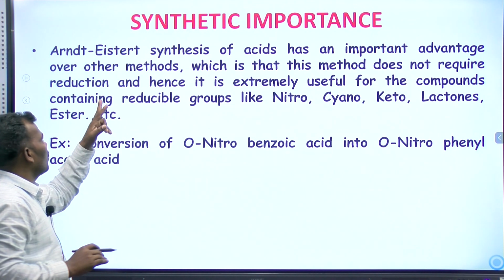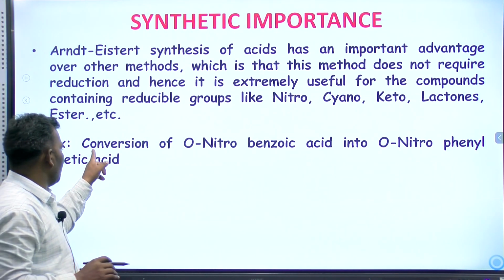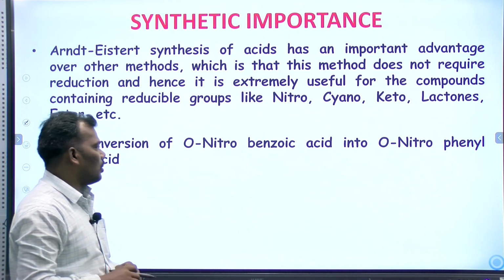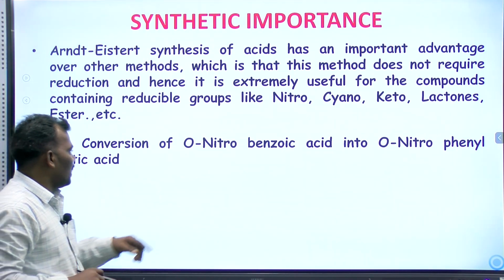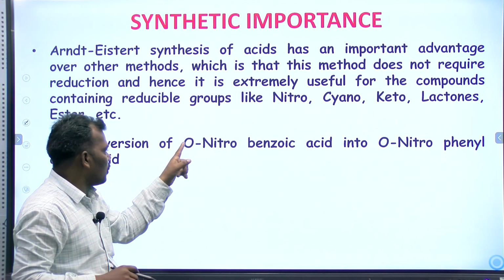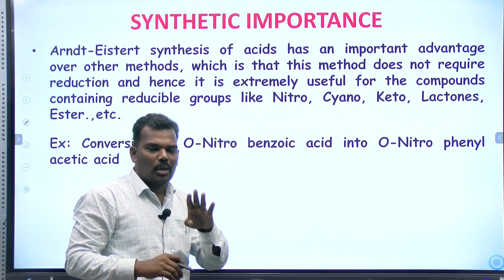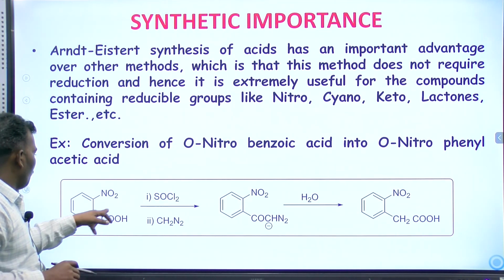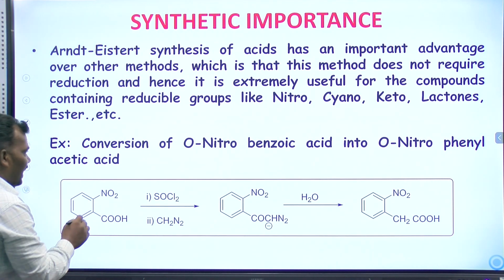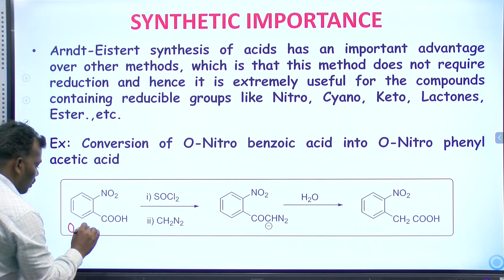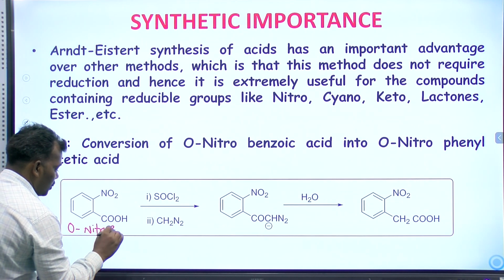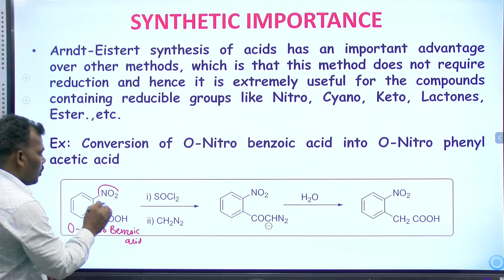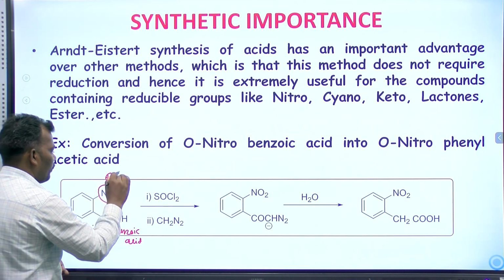An example of this synthetic application is the conversion of ortho-nitrobenzoic acid into ortho-nitrophenylacetic acid. The nitro group in this ortho-nitrobenzoic acid is not reduced, only the acid group is homologated. This is ortho-nitrobenzoic acid, and the nitro group is a reducible group.